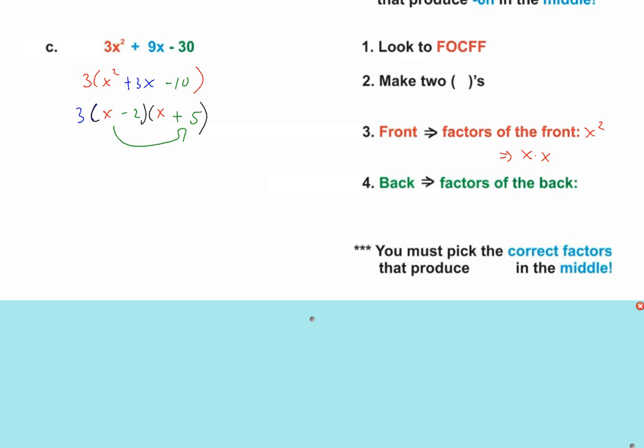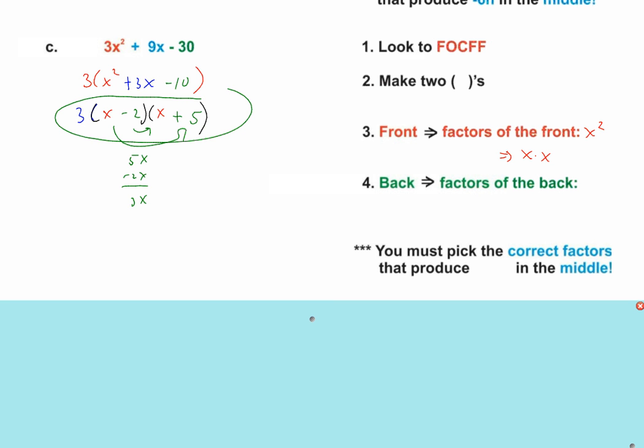A negative 2 and a positive 5 multiply to negative 10. It's a good pair. Again, my check: 5x on the outers, negative 2x on the inners. Sure enough, that's the positive 3x. 3 times the quantity x minus 2 times the quantity x plus 5, or 3 times the quantity x plus 5 times the quantity x minus 2.